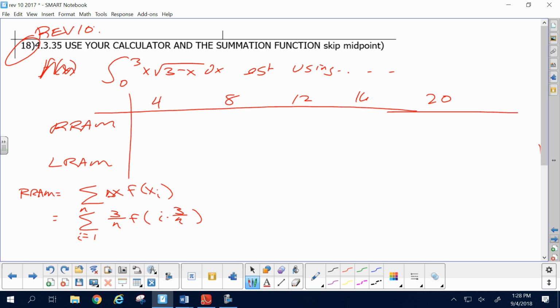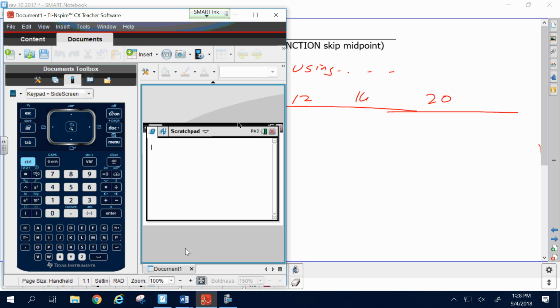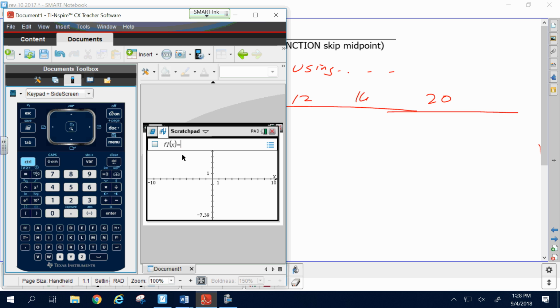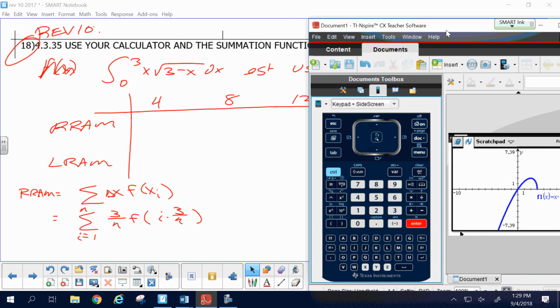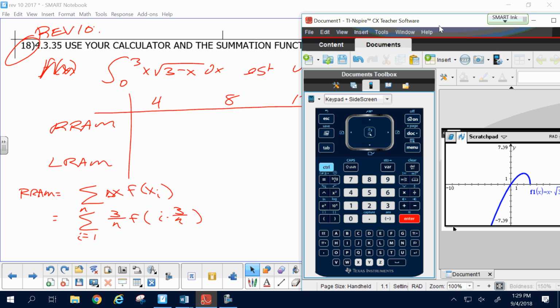All right. Okay, so rather than retype the function each time, let's get the function in there first. What do you say? So would you put in the function x root 3 minus x? We're going to need that. We don't want to have to type that every time, do we? Okay, now we then want to make the summation in here.